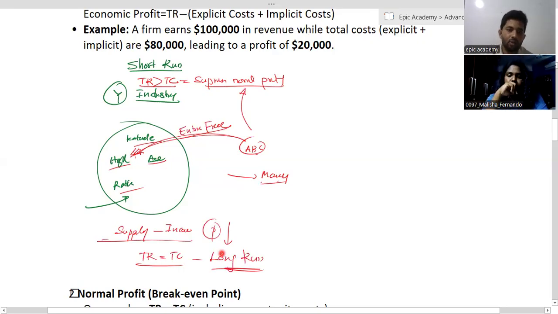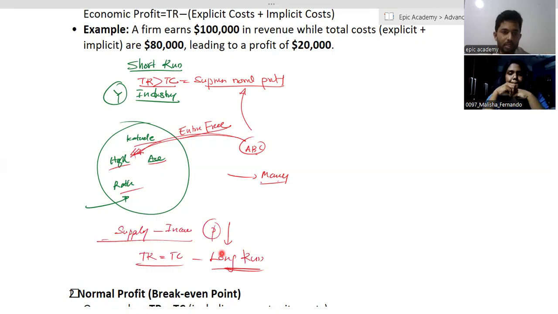So if they are making profit in the short run, the information can be taken by other people, so they try to enter the industry. Then supply increases and total revenue equals total cost in the long run. We can call this the nature: you can earn supernormal profit in the short run, but in the long run, you cannot.